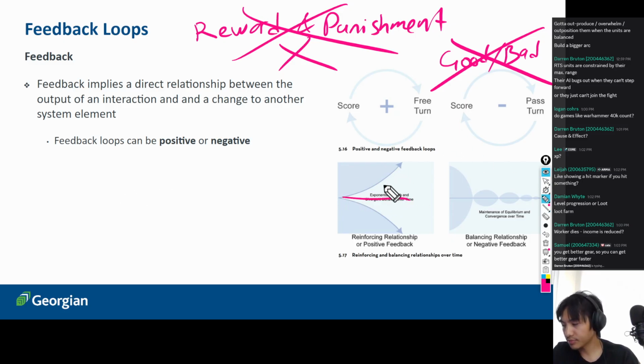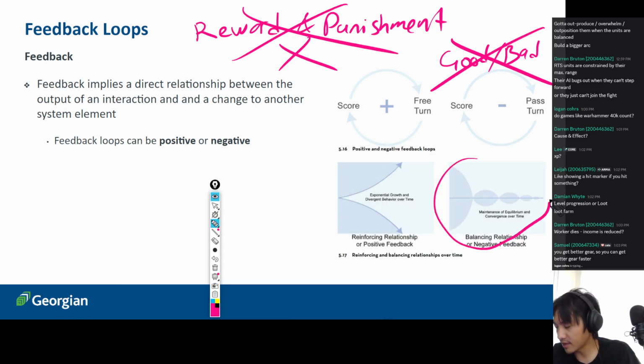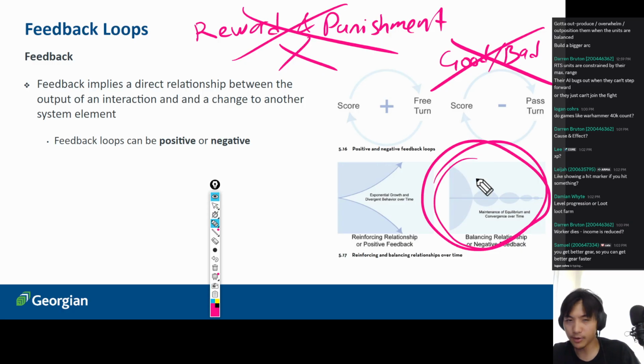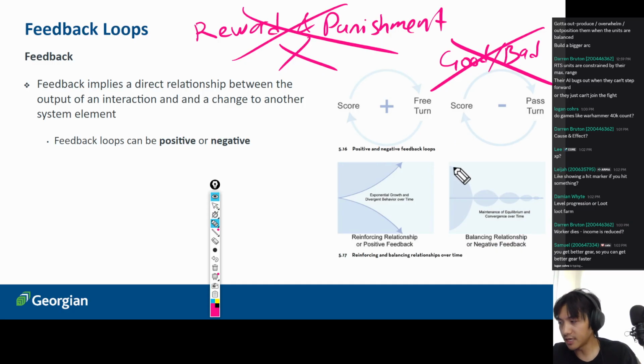Okay, so I'm seeing some good answers here, like level progression or loot farm. Yes, these are examples of positive feedback loops. Great. Negative feedback loops look like this. And again, this is talking about an abstract level. The thing that is increasing or decreasing could be a lot of different things.